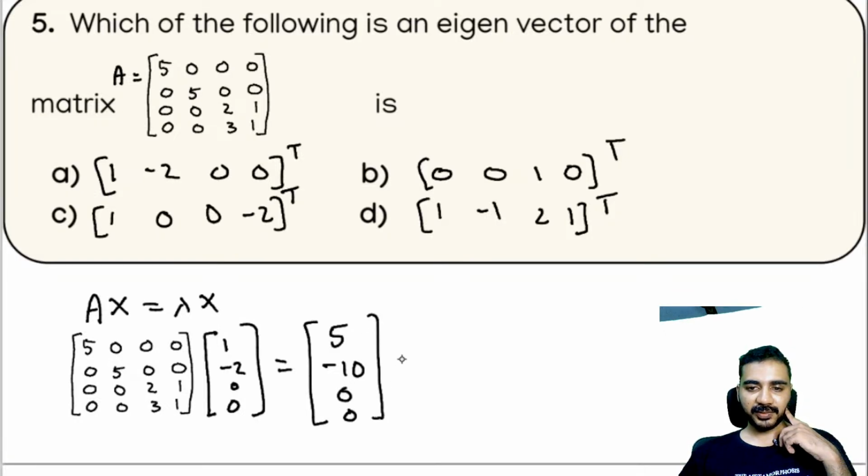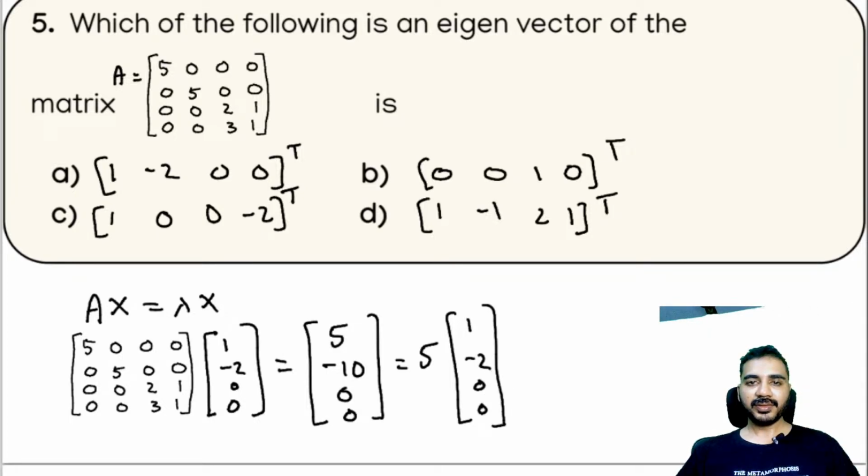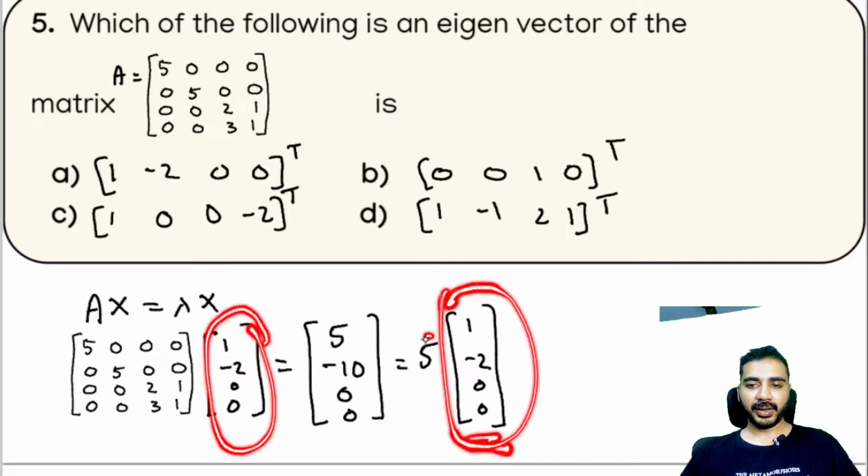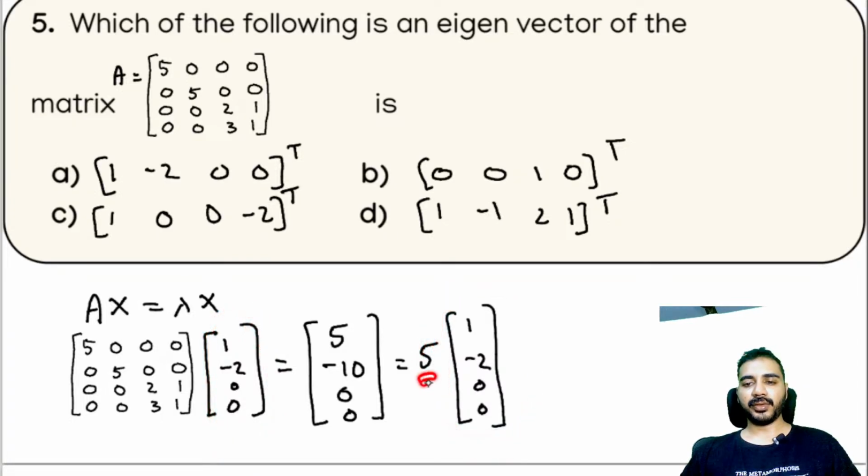From this column matrix, I can take 5 out. So 5 into 1, minus 2, 0, 0. So this is in what format? This is in the format Ax equal to lambda x. This is A, this is x, this is lambda, and this is again x. And here 5 is the eigenvalue. So when I multiply with the first option itself, I am getting the Ax equal to lambda x format.